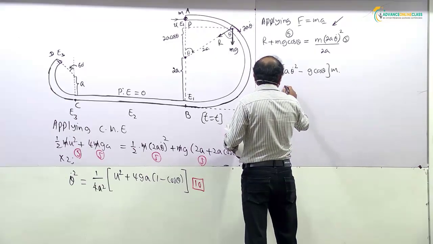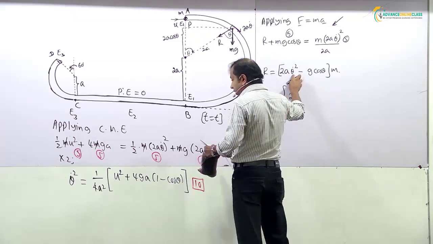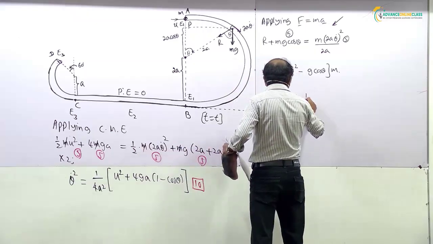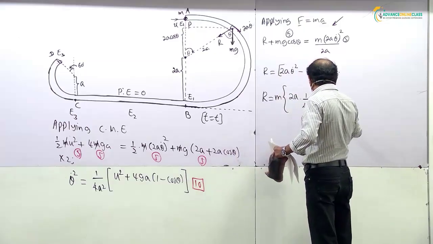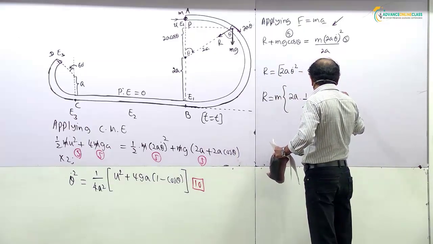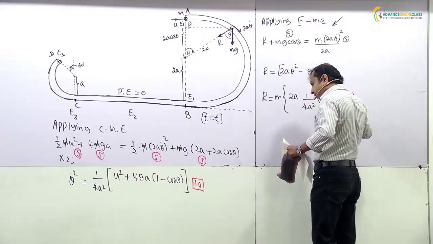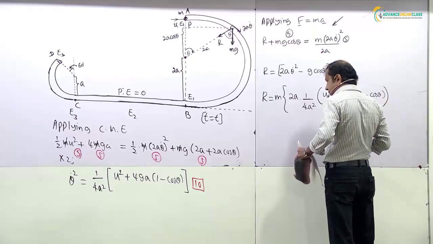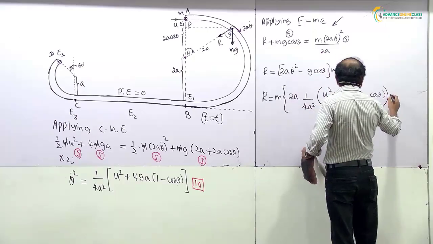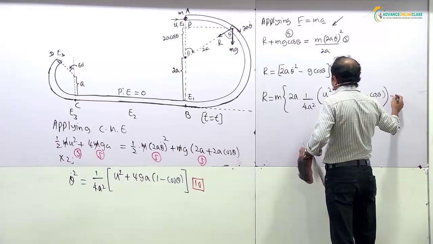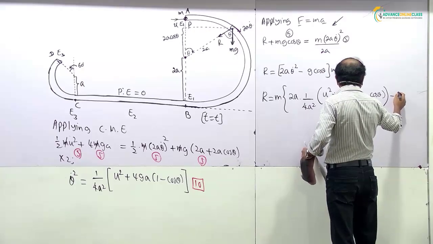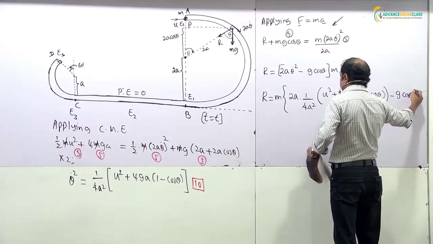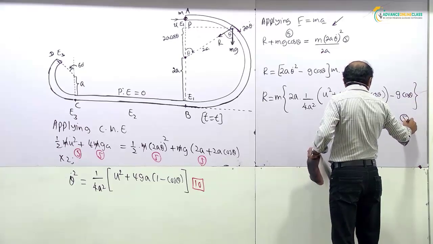I write m at the beginning. 2a times theta dot squared, and for this we substitute 1 over 4a squared within brackets u squared plus 4ga times 1 minus cos theta, and substitute for the minus g cos theta. Right. So for this 5 marks.